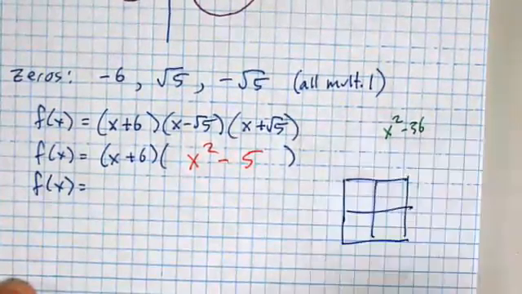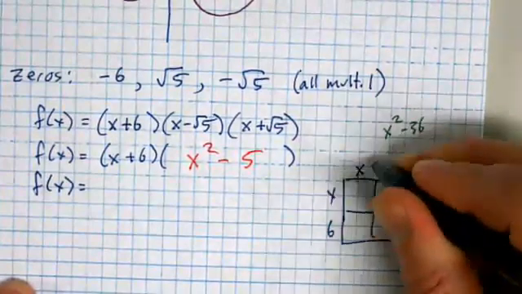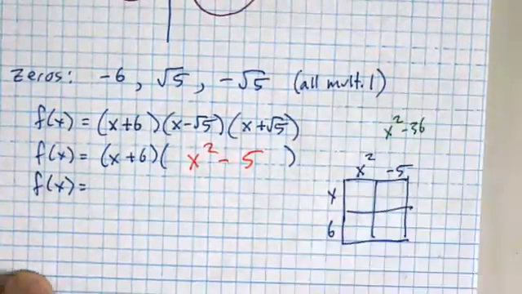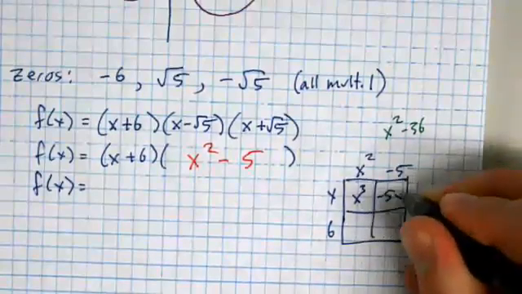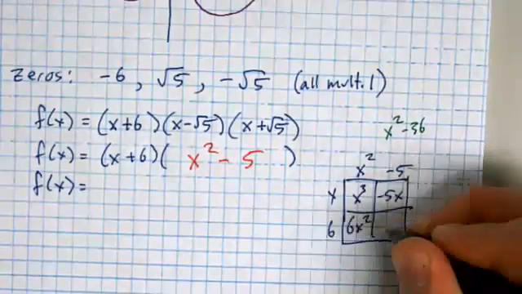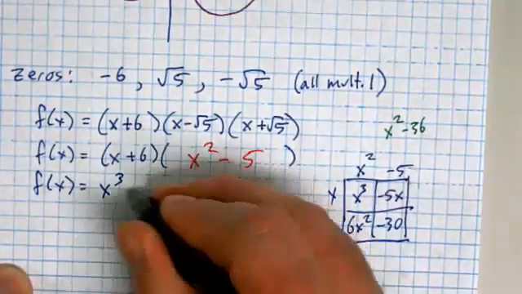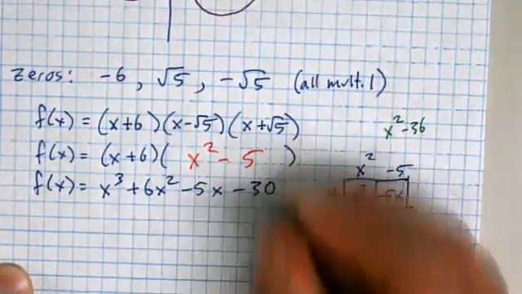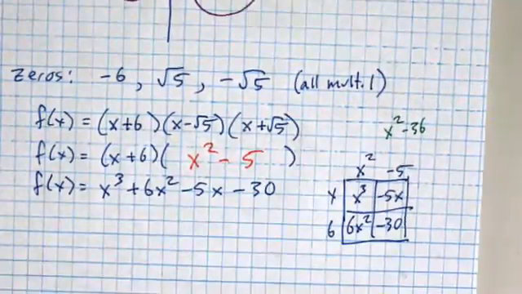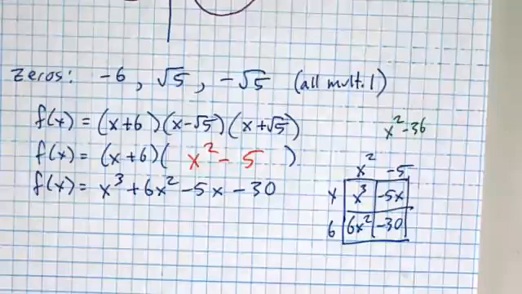I like the little box thingy, especially if I end up with anything like a trinomial or a 4-term polynomial. X cubed. Cool.